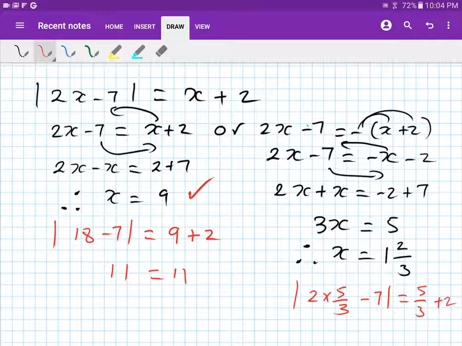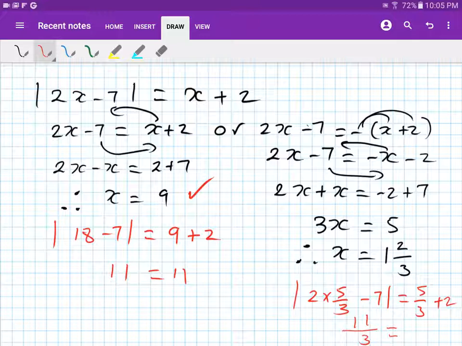Now if I can't do it in my head, I can just type it in a calculator. So I type that in my calculator, that gives me 10 over 3 minus 7. So I will get a negative, but with absolute value that gives me 11 over 3. I actually get negative 11 over 3, but the absolute value is the same.